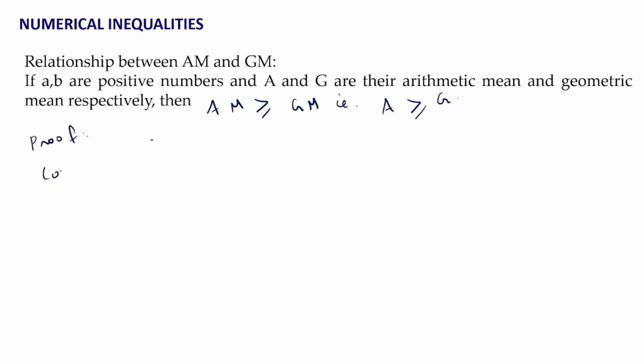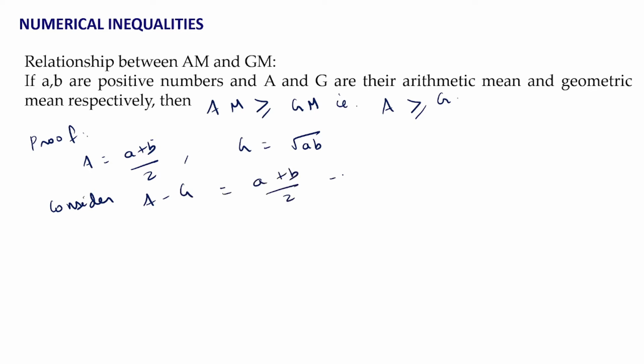We know the arithmetic mean of two positive numbers A and B is given by (A plus B) by 2, and the geometric mean is given by root of AB. First let us consider A minus G. Here A minus G will be (A plus B) by 2 minus root of AB, which is equal to (A plus B minus 2 root AB) divided by 2.